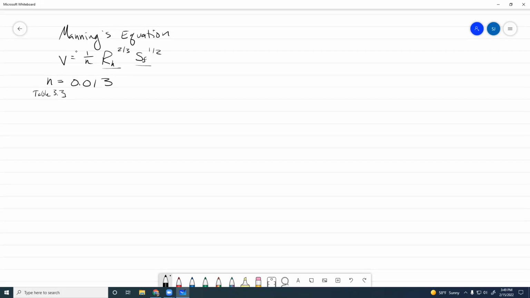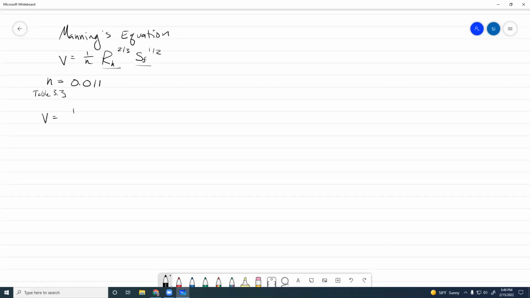And we've already calculated these values from before, so we can just plug those in. Oh, you know what? I used a different value. Just like we did for Hazen-Williams, we assumed a new pipe. So we'll assume the smoother conditions for a new pipe, so we'll take the minimum value.